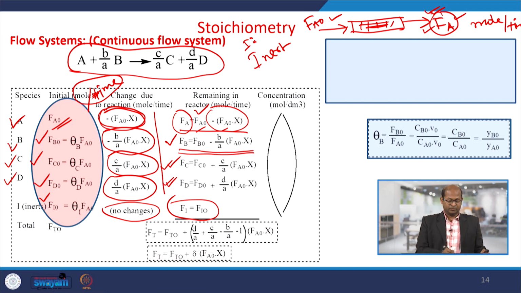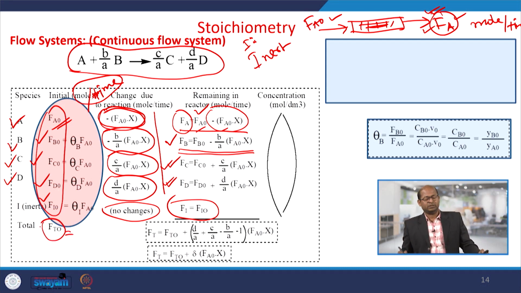So here, if we sum up all these components, initially you have taken the total number of moles, that was F T naught, and finally after the reaction takes place, all the components come out from the reactor system.